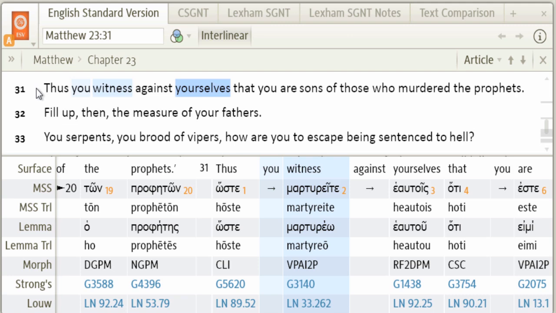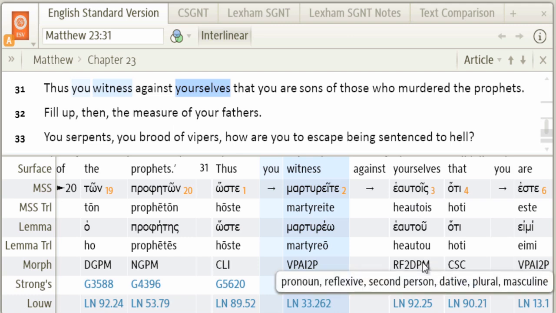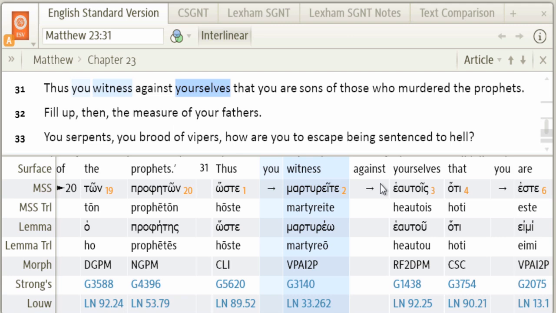In this verse, we have an English word highlighted here because the underlying Greek word, heautois, is in the dative case. And you can see that the ESV here supplies an English preposition "against" in order to make explicit the type of idea that is being expressed here by this dative in this context.